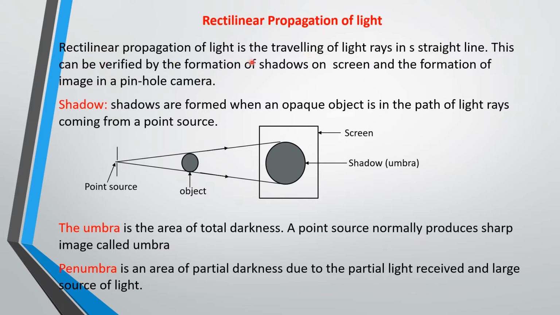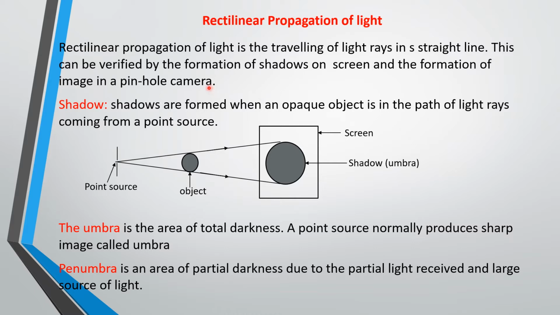Rectilinear propagation of light is the traveling of light rays in a straight line. This can be verified by the formation of shadows on screen and the formation of image in a pinhole camera. So for you to show that light travels in a straight line, you can use either shadows to show it, or you can use the pinhole camera to show it.